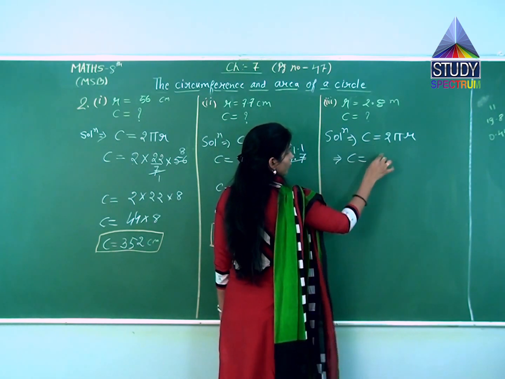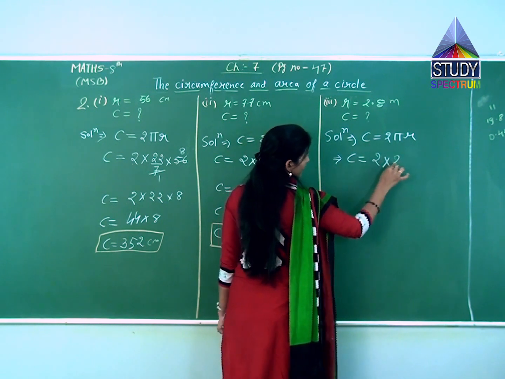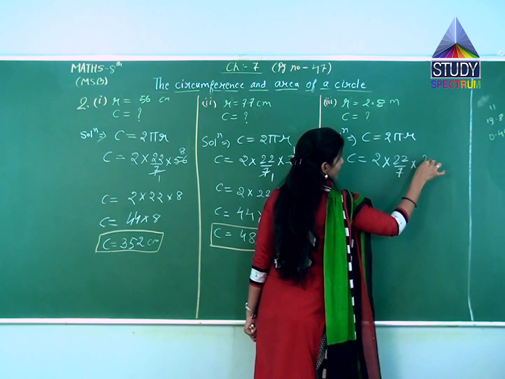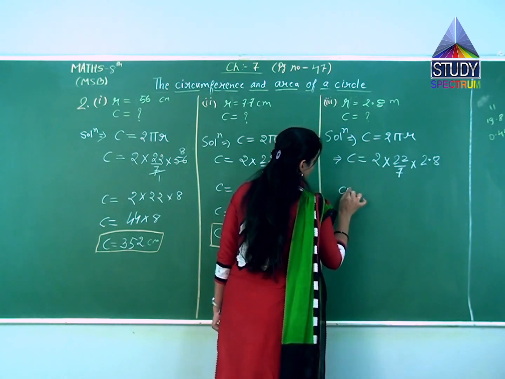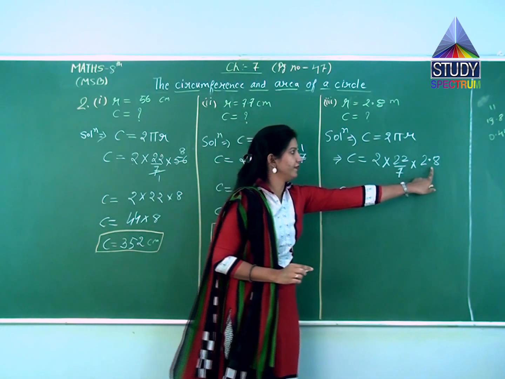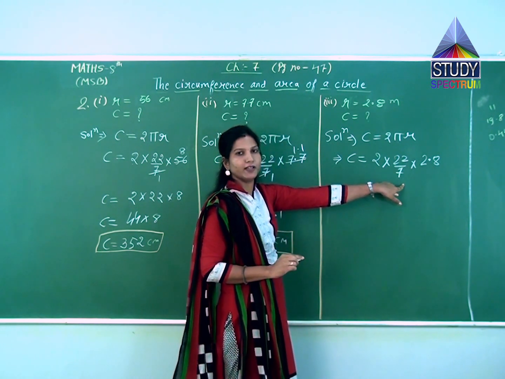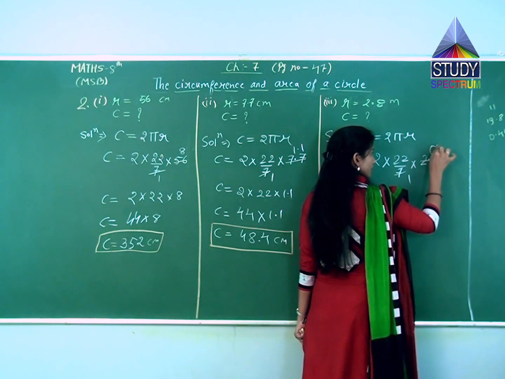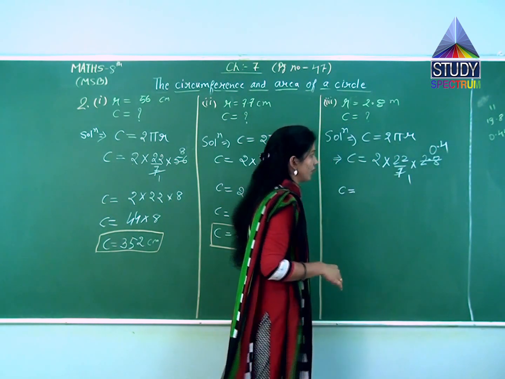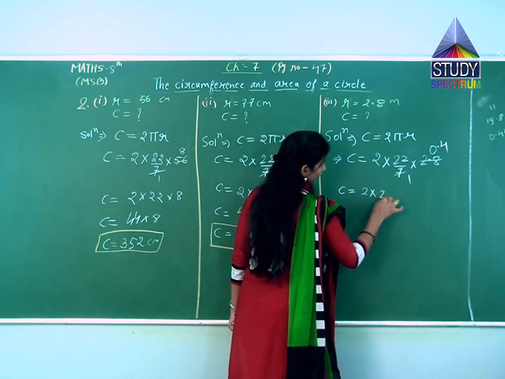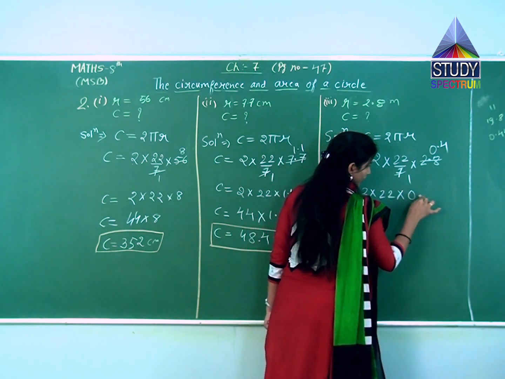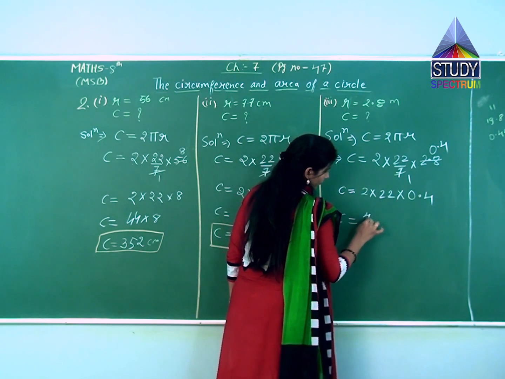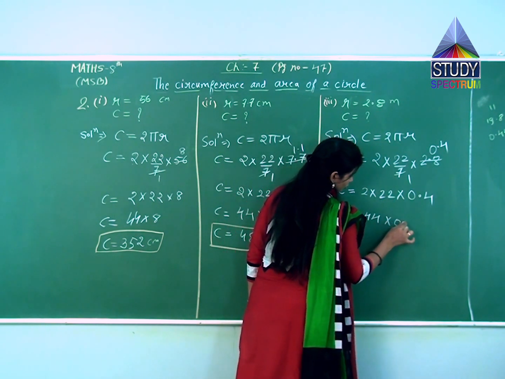C is equal to 2 as it is, pi 22 by 7 and r 2.8. Now if we divide 2.8 by 7, what we get? 0.4. So here 0.4. Now 2 into 22 into 0.4. Again 2 into 22, 44 into 0.4.